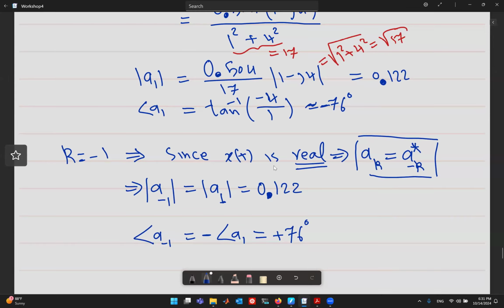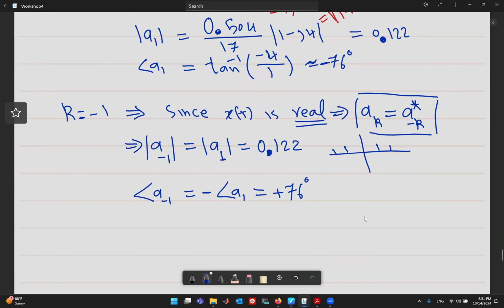Because the signal is real, if you plot the magnitude, whatever you see here, you will see here symmetrically. But in terms of phase, you will have this symmetry.